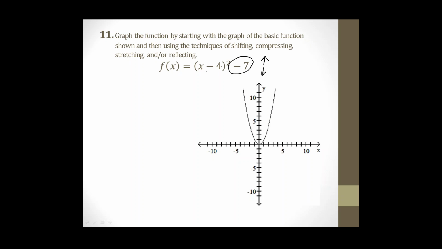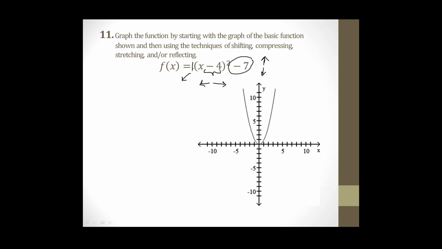And then this number here tells you if the parabola is shifted right or left. And then usually, or it could happen that there is something in front of here. In this case it's 1. This one would tell you if it's stretched or reflected.